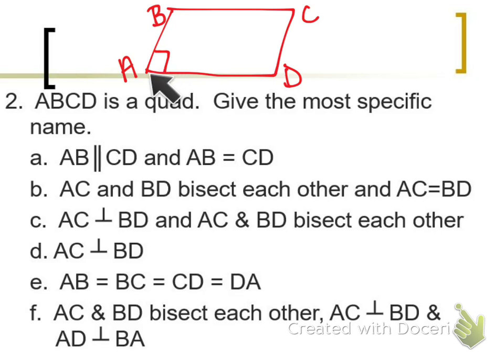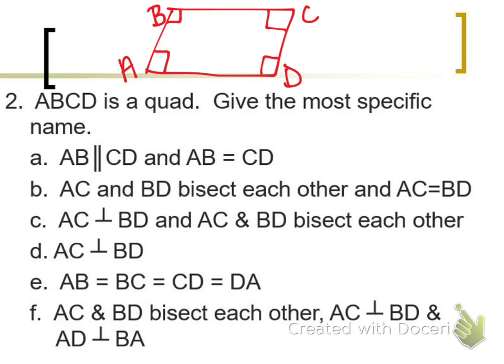The opposite angle, what opposite angle would that be? C. So we know that C is definitely a right angle. What do we know about consecutive angles in a parallelogram? They're supplementary. What angle is supplementary to 90 degrees? 90 degrees. So that means all four of these have to be 90 degrees.